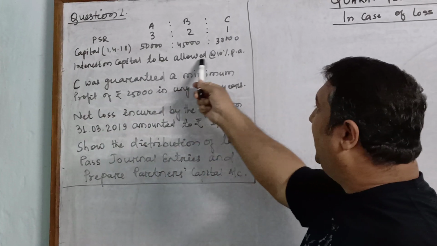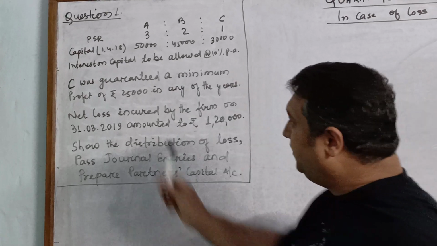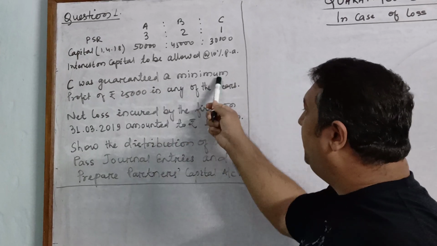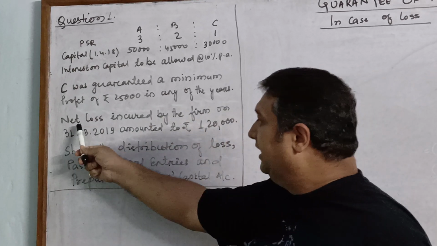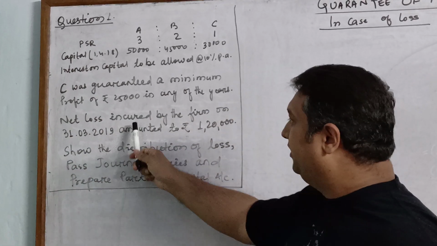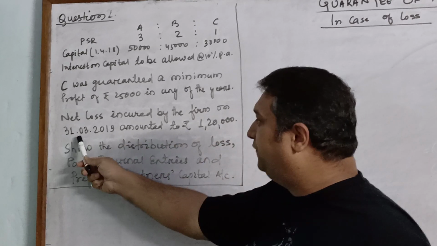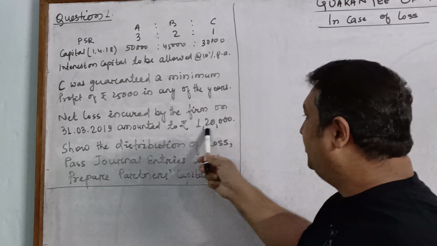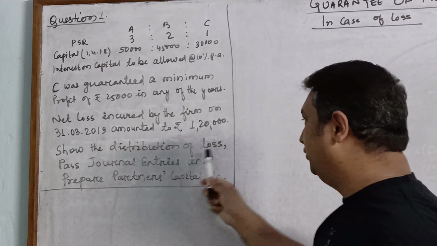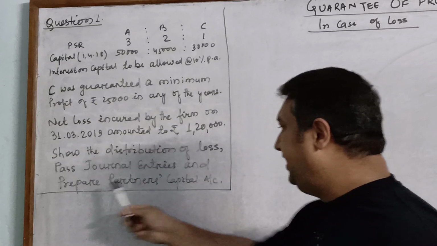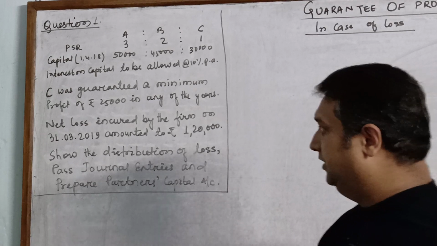Interest on capital was to be allowed at the rate of 10% per annum. C was guaranteed a minimum profit of rupees 25,000 in any of the years. There was a net loss incurred by the firm on 31st March 2019, which amounted to rupees 1,20,000. You have to show the distribution of loss, pass journal entries, and prepare partners' capital accounts.